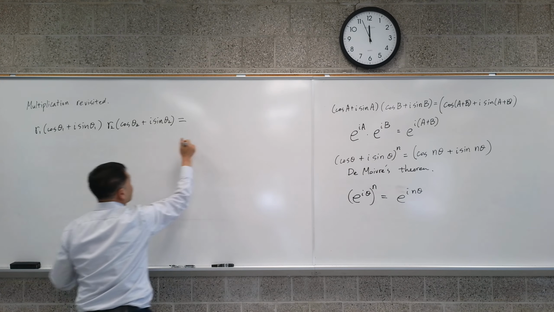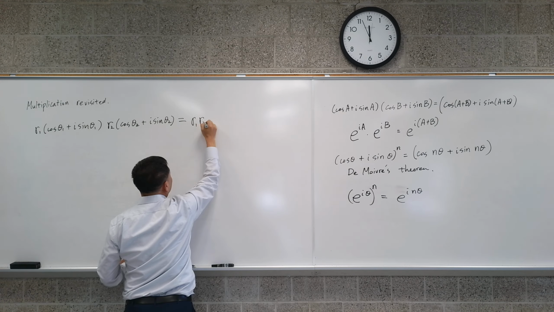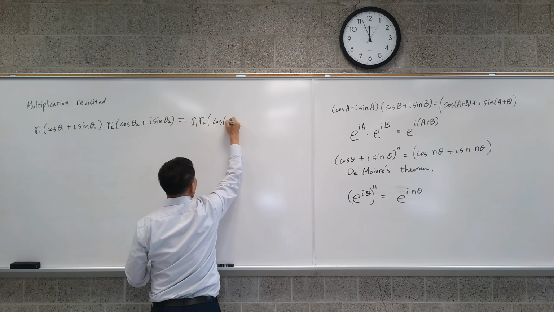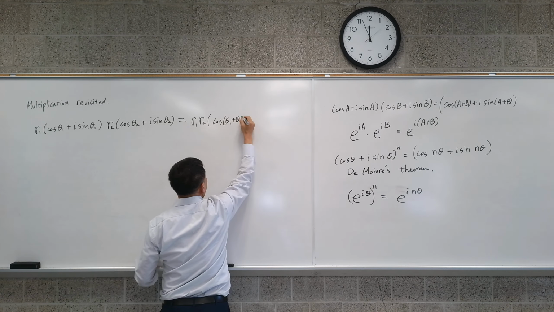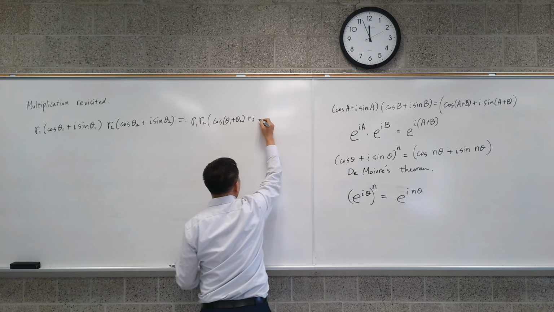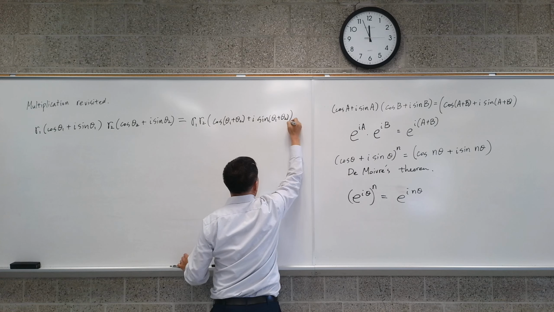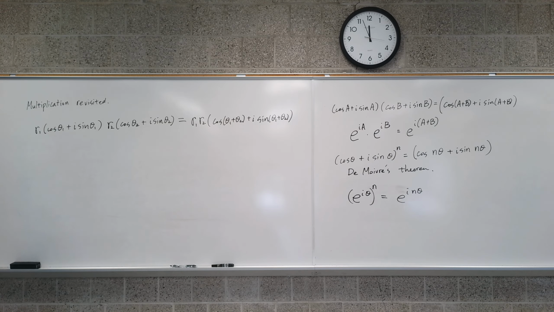When you multiply them, you get r1 times r2, and then cos(θ1 + θ2) + i sin(θ1 + θ2). That's what we get.